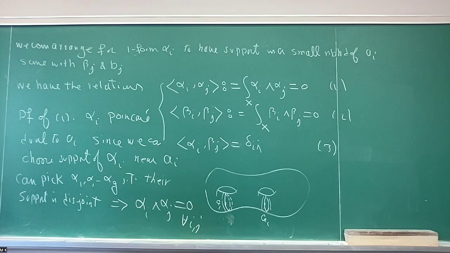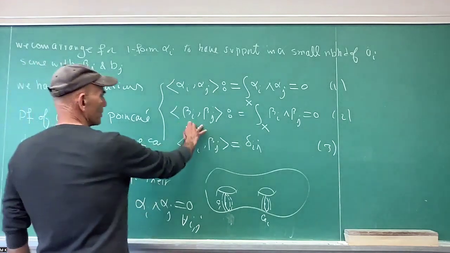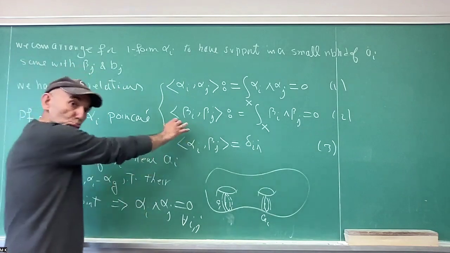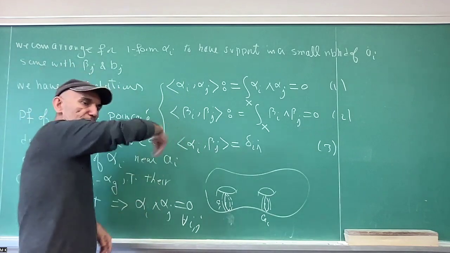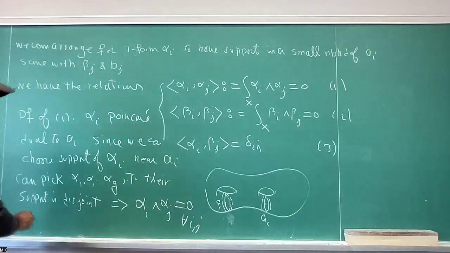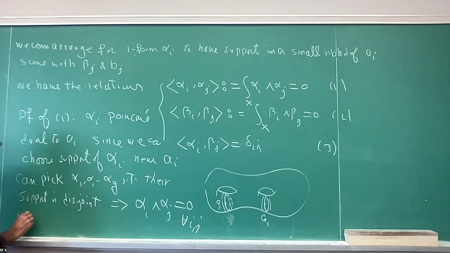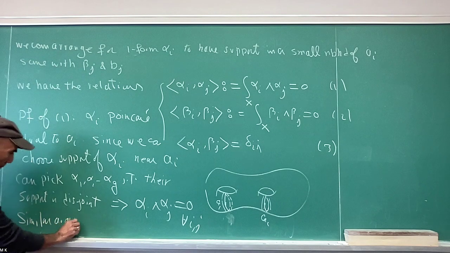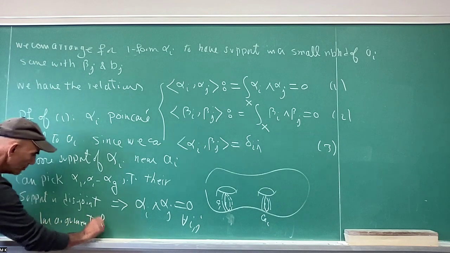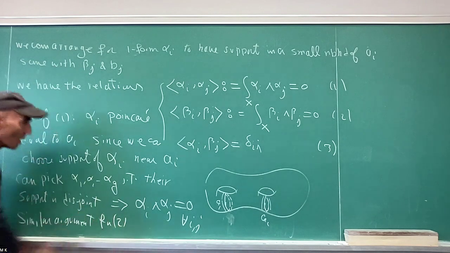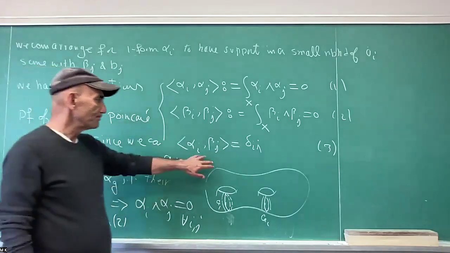Okay, so this is the case. The argument for 2 is exactly similar, but there are these other cycles. Similar argument for 2. Now 3.